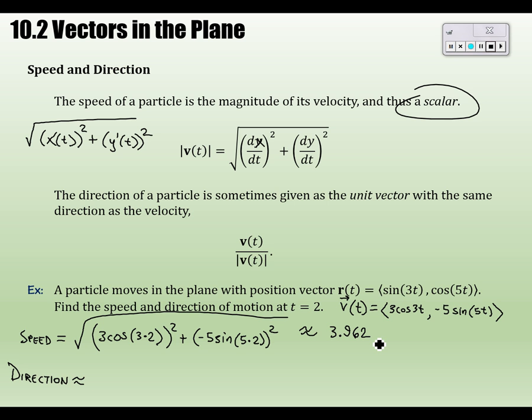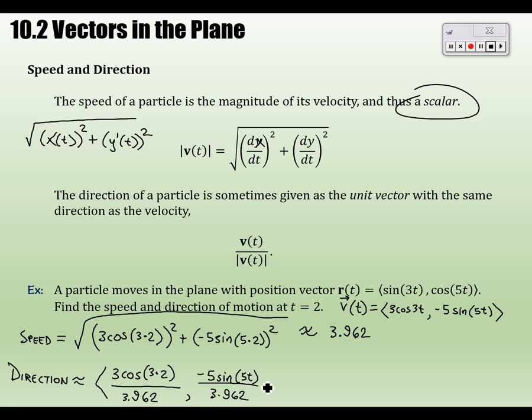The direction of motion at 2 will be this vector here, divided by 3.962. I don't know a nice way to write this. Plug in 2 into that. It'll be 3 cosine of 3 times 2 over, but like I said, use the full value please here, and negative 5 sine of 5t over 3.962.